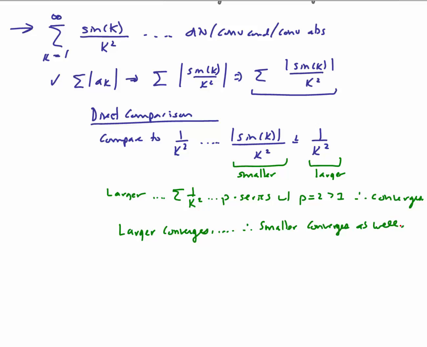Okay, so let's figure out what that means. That means that the absolute value converges. So this implies that the absolute value of the sine of k over k squared converges. Okay, so right away we know that we're done.